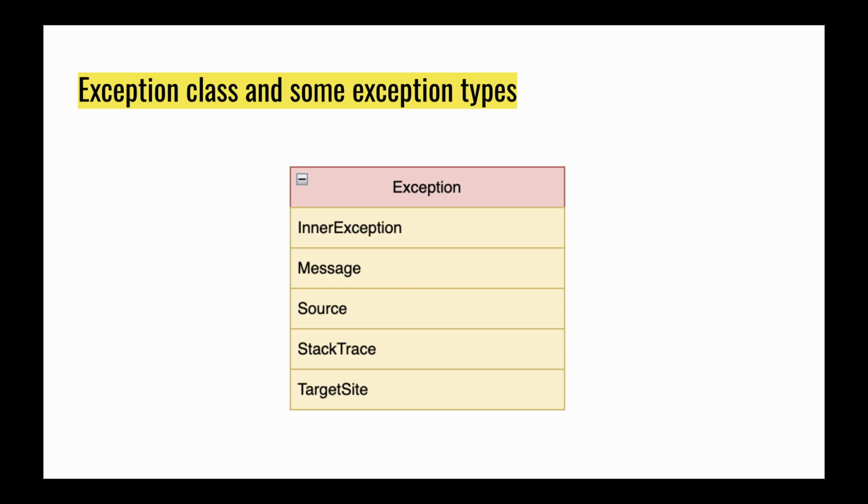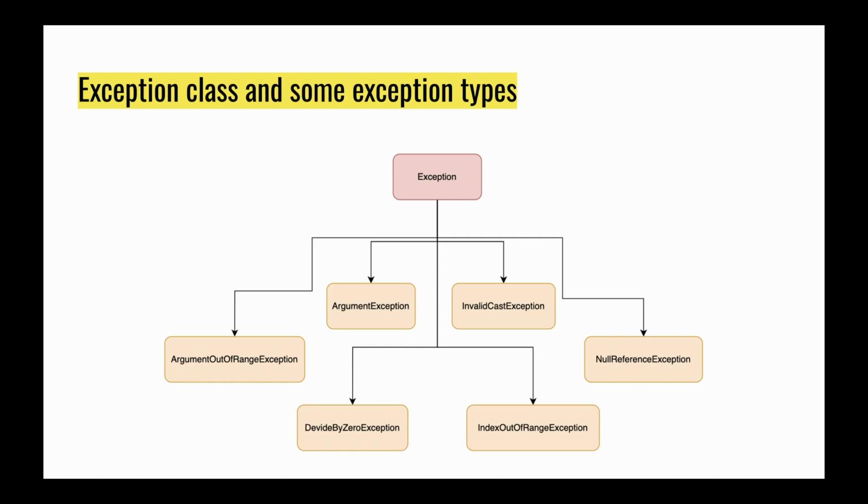However, since the Exception type is the base type for all exceptions, the catch statement with an Exception type variable will handle all exceptions that may occur. But there are also more specialized exception types that are designed to handle certain kinds of exceptions. I will mention only a few. DivideByZeroException represents the exception generated when dividing by zero. ArgumentOutOfRangeException is generated if the argument value is outside the range of valid values.